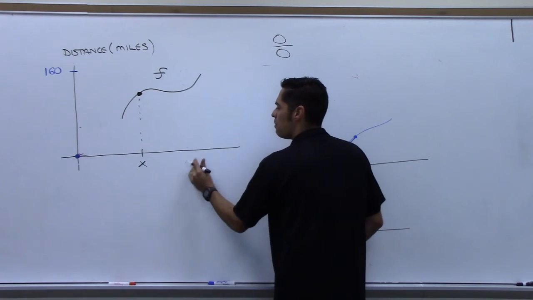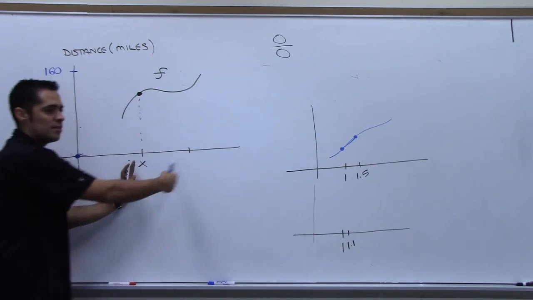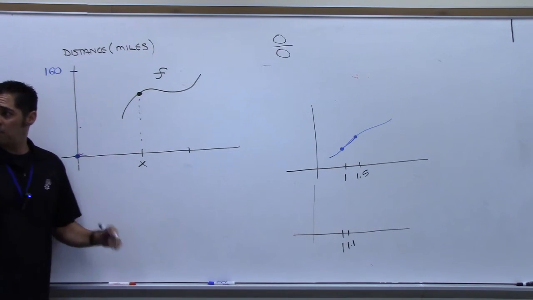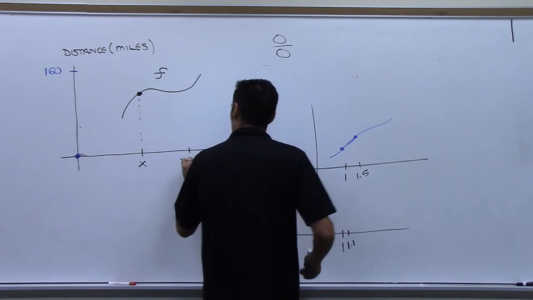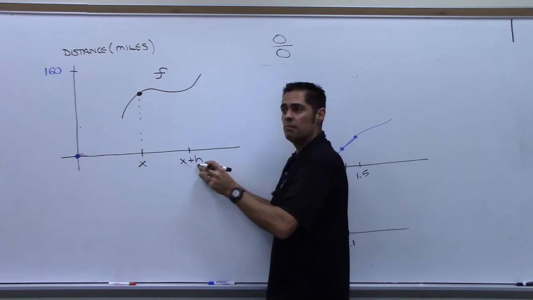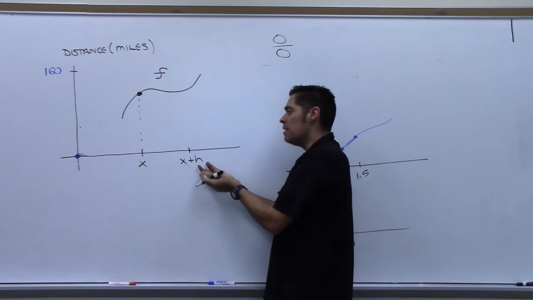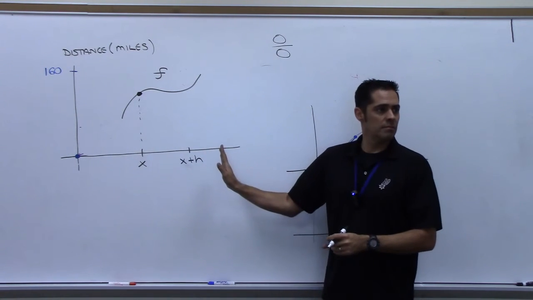Let's take some other point in time, which needs to be bigger than x, right? I could do x plus 1, that would be bigger, right? How about if instead I say x plus h, which is x plus something? H might be 1, h might be 2, h might be 0.5, yeah? But it would be a point to the right.